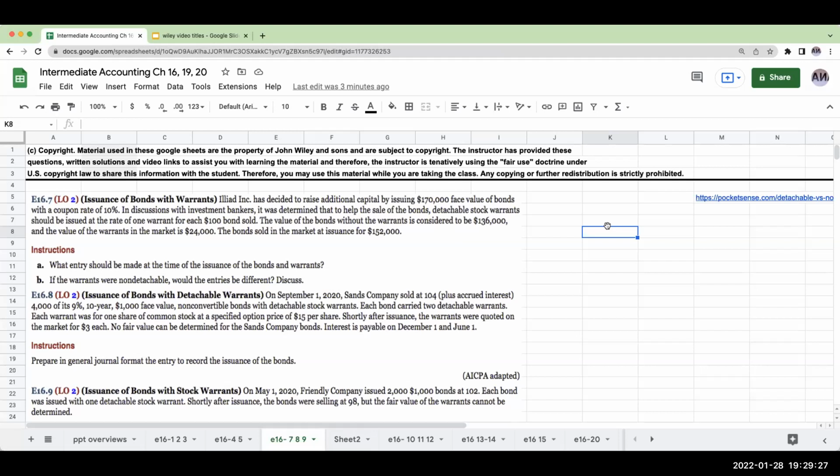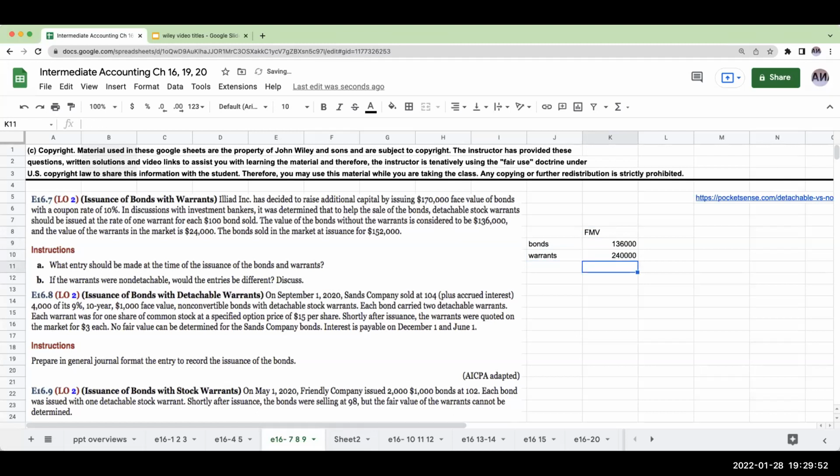So when you have detachable stock warrants, you're going to assign a separate value to the bond and then to the warrants. The first thing we want to do is take a look at the fair market value of the bonds and then of the warrants. The bonds have a fair market value of $136,000.